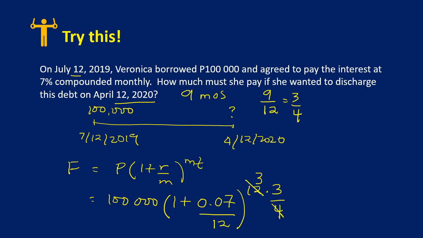So that will be equal to 100,526.23. Okay?